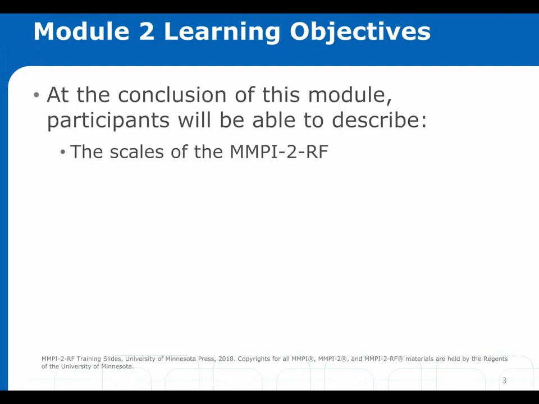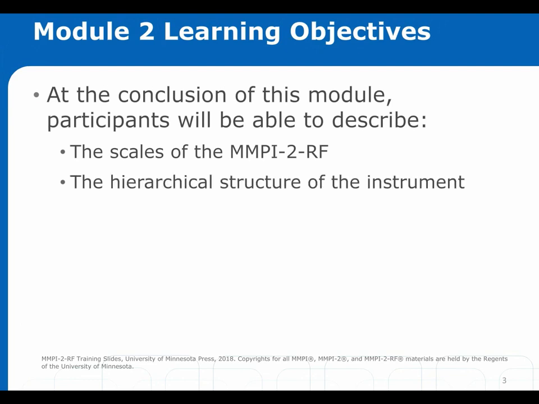So what is the purpose of this module? Well, what we'll be getting into are a few different concepts. First, we will describe the scales of the MMPI-2-RF, and we will go through all 51 of them. Next, we'll get into the hierarchical structure of the instrument.